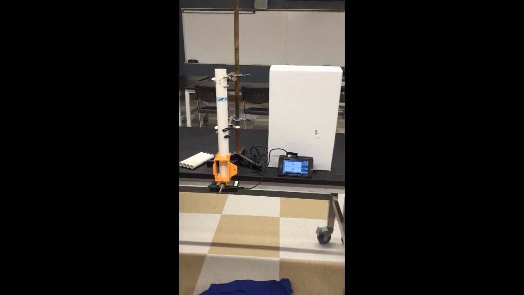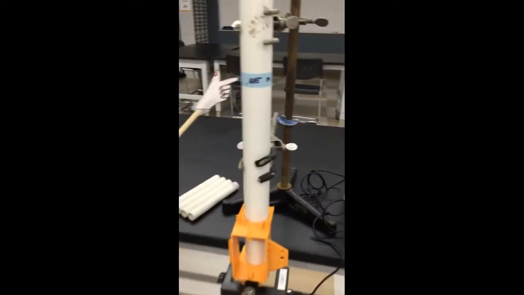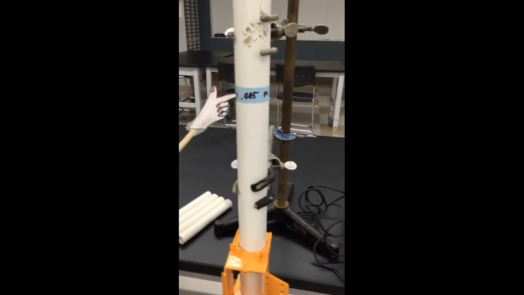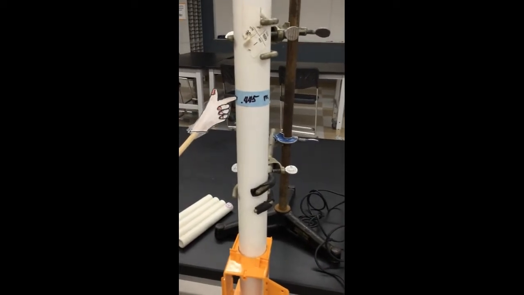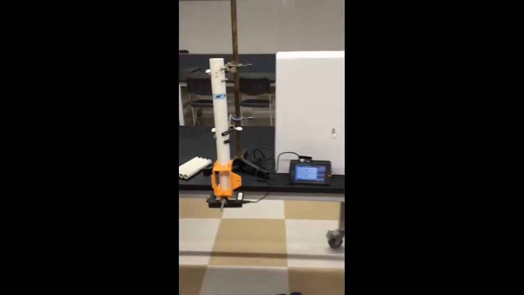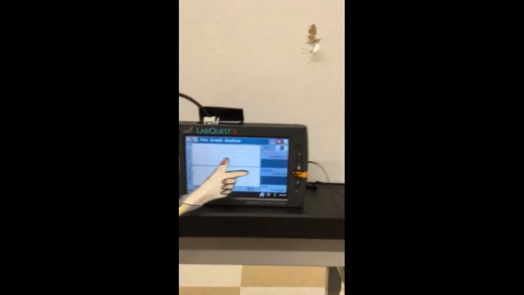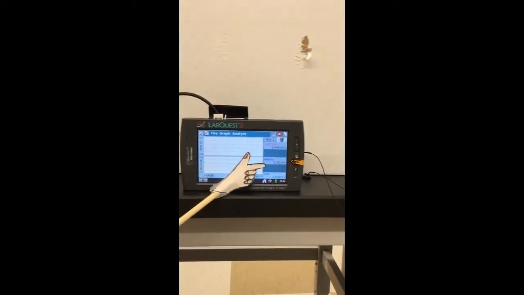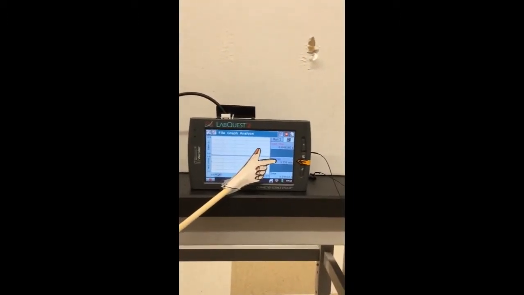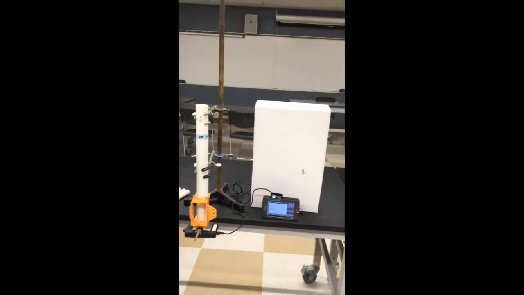Tube number 2, the length of tube number 2 is 0.445 meters. Run 1. Velocity is 3.253. Run 2.